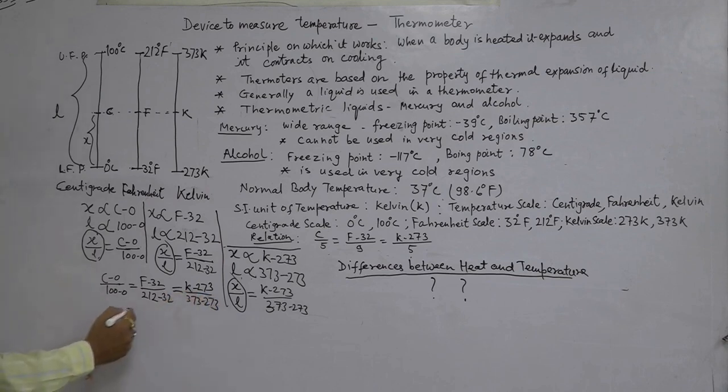If you see this, C minus 0 is C, and 100 minus 0 is 100.